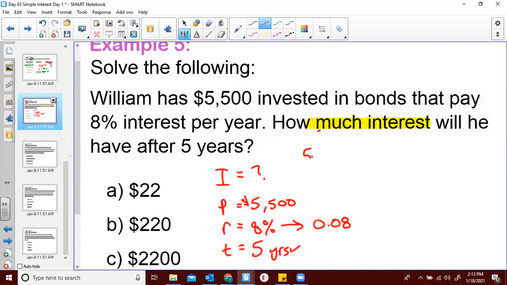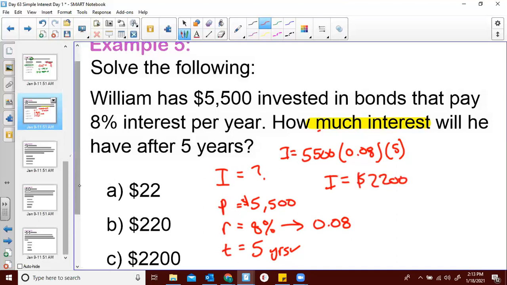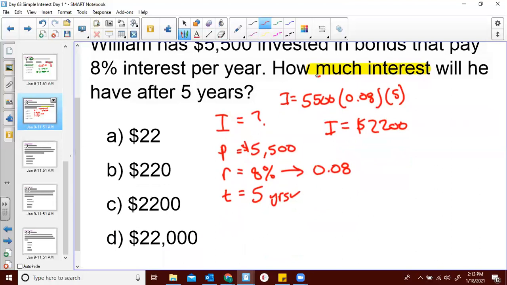All right, so we can just multiply 5,500 times 0.08 times 5, and what you'll get for your I will be $2,200. All right, and that's just our interest. It asked how much interest. So we're just going to stop here at C.